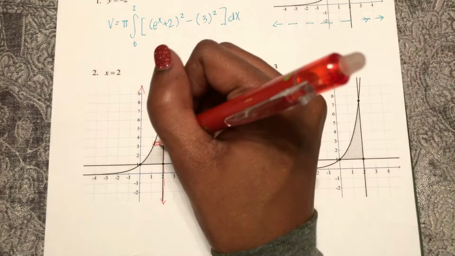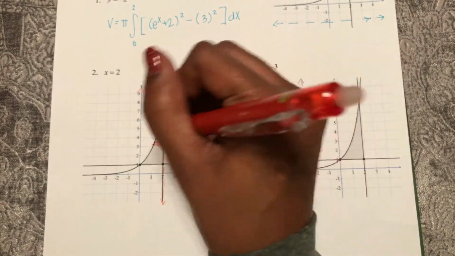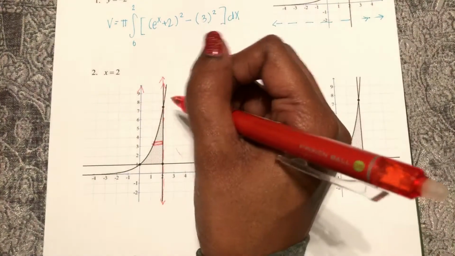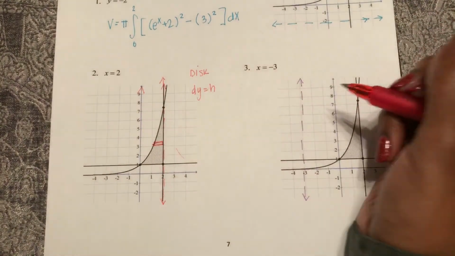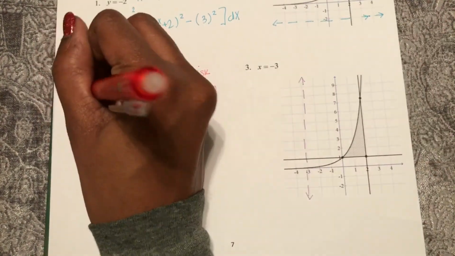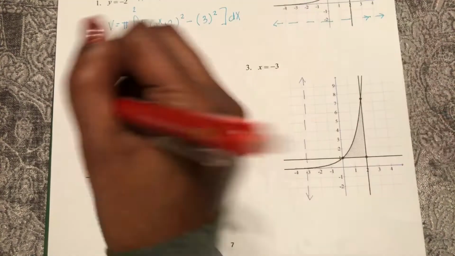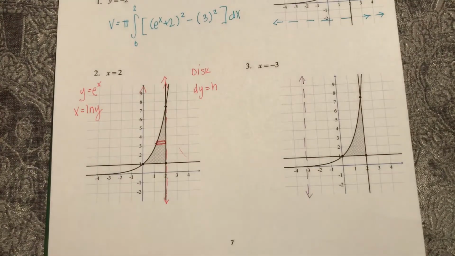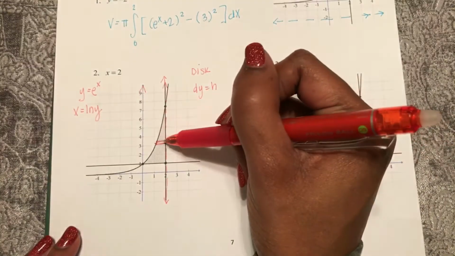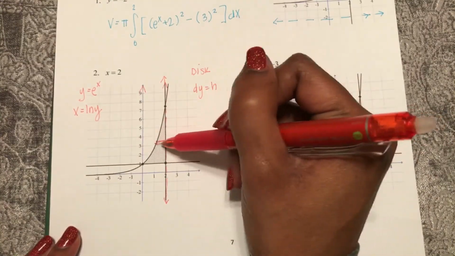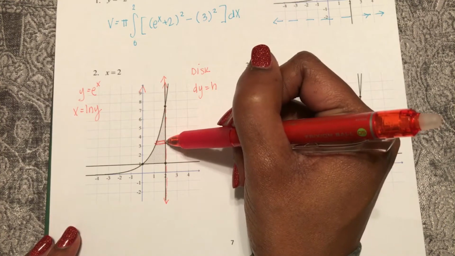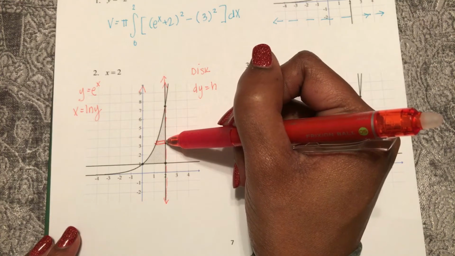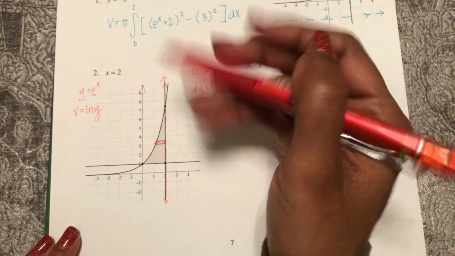So that radius that's rotated around here needs to be in terms of y. So our original equation is y equals e to the x, so x equals ln y. So that means my radius is this distance here. And in order to calculate that distance, we always do right minus left.